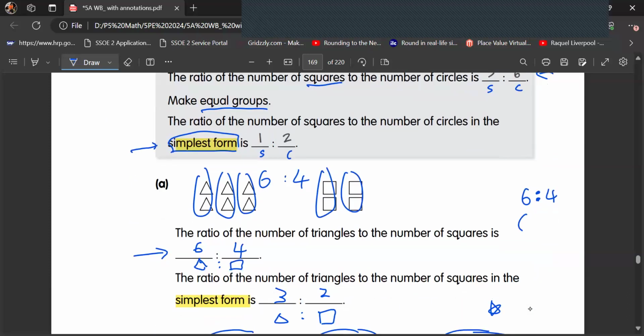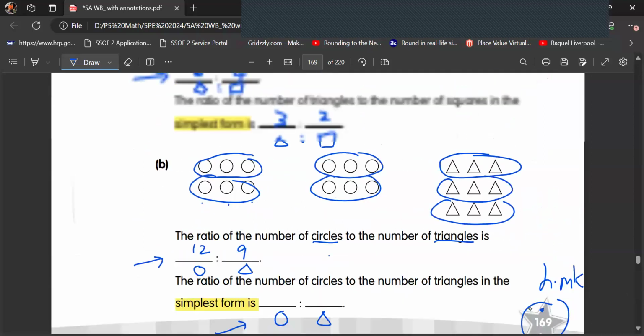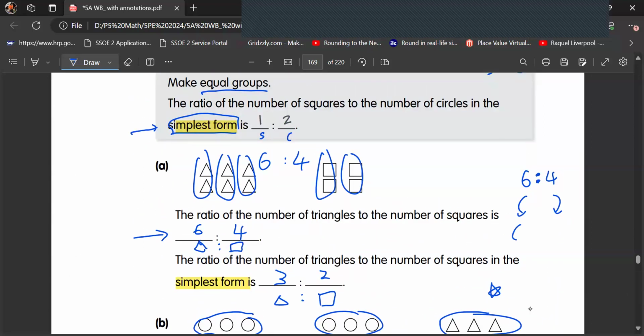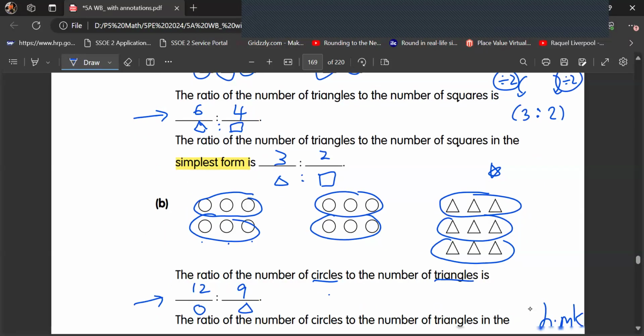So when I divide one quantity by 2, I must divide the other quantity by 2 as well. So that is what equivalence means, and it's by the equal factor. So that's what equal units and equal grouping mean.